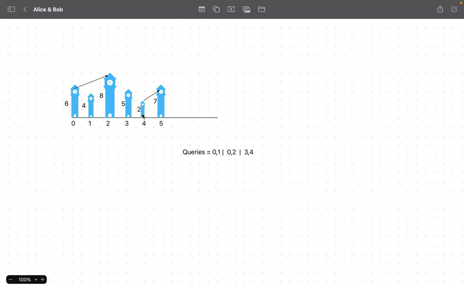The fourth index cannot move anywhere behind, so it can move to this, and it can be at this place as well. So let's see what is common. The common one is this place, right? So Alice can move to this place and Bob can also move to this place. Why? Because it's higher, and it's at a larger index.